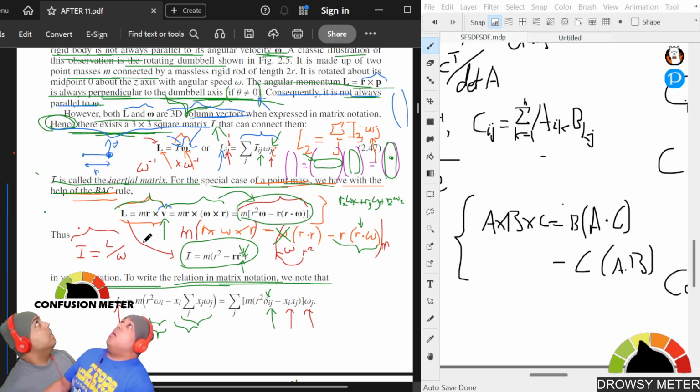What does it mean to multiply a vector by another vector? Well, there are multiple ways to do it, right? Scalar product, vector product, tensor product. Let's just roll with what they're saying for now.